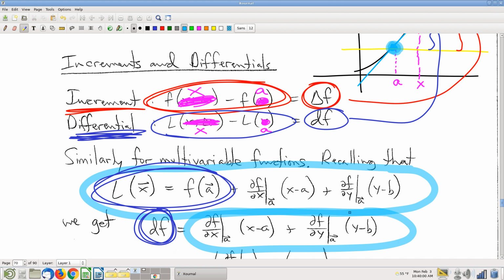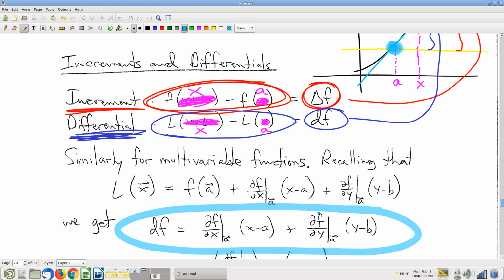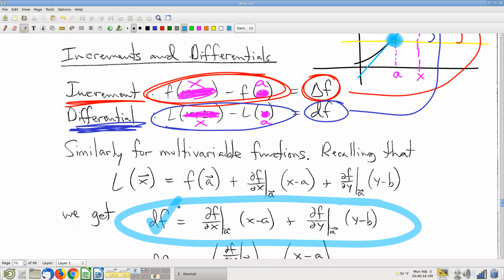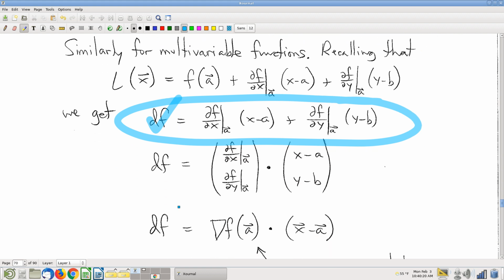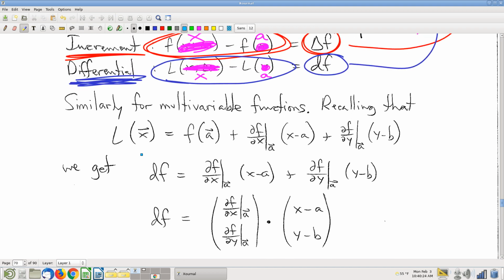So you might argue that what I've written down here is really just a different way of saying something we already knew. I'm motivating the idea of calling this thing here the differential. That's just the linear approximation of the increment, or how much the function changes. And then just notice I can rewrite this. Neat fact.